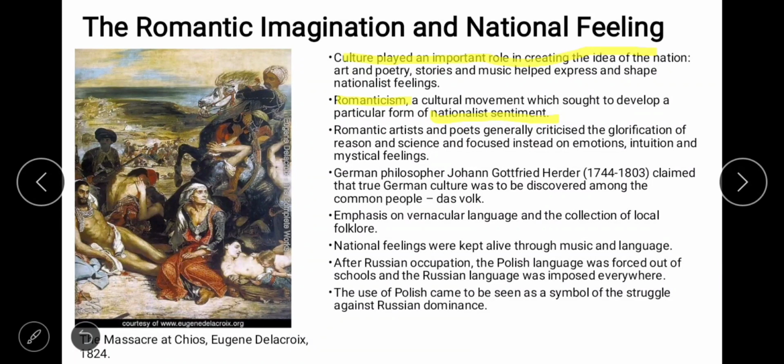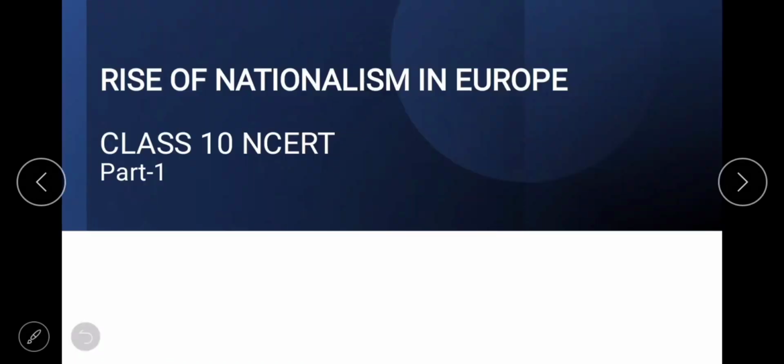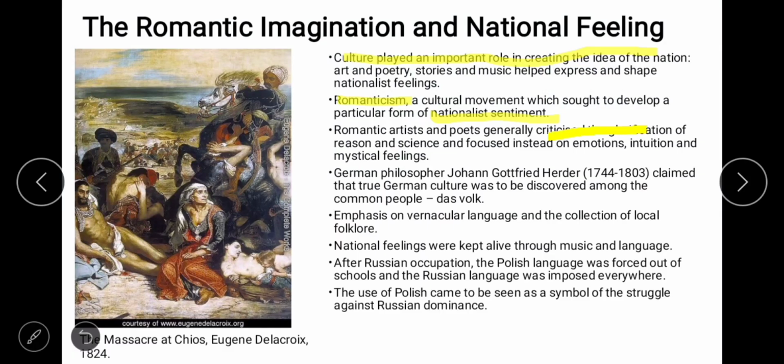These romantic artists and poets generally criticized the glorification of reason and science, and started to focus instead on emotions, intuitions, and mystical feelings.